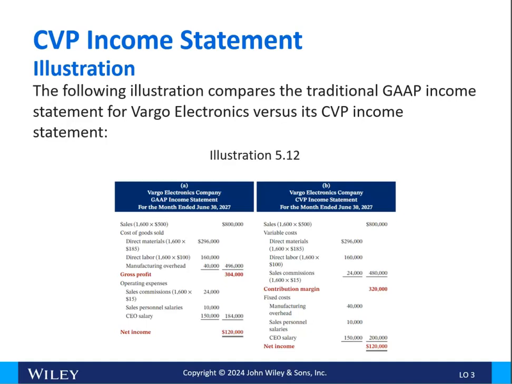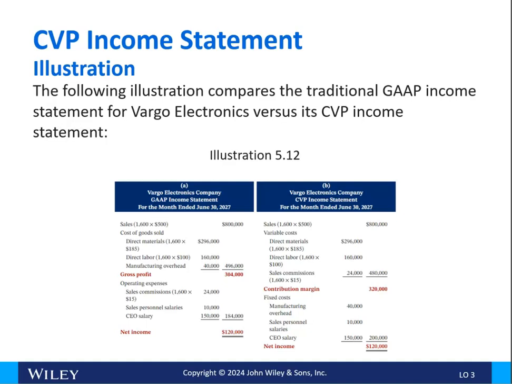On the GAAP income statement, we have our traditional sales minus cost of goods sold is gross profit, minus our operating expenses is net income. On the CVP income statement, we're going to take our sales minus our variable costs, so our direct materials, direct labor, and then our sales commission from operating expenses gets moved up because that's a truly variable cost as well.